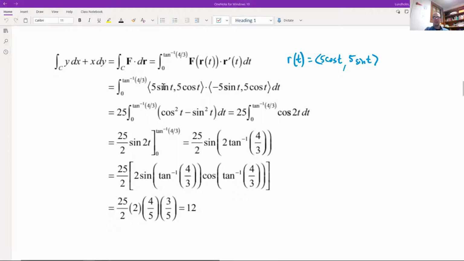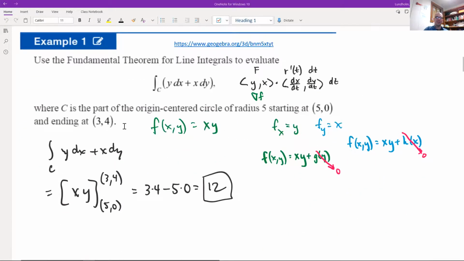Then we would have taken a derivative and put it here and all that good stuff. We would have made the force field in terms of our parameter t as well, and then kept going. And notice there's a lot more steps here. We would have had to figure out that we end at the arctan of 4/3 when you're going around the unit circle and then end here.